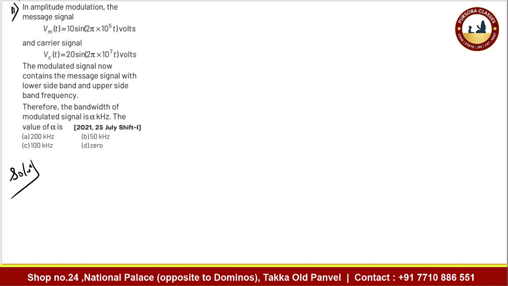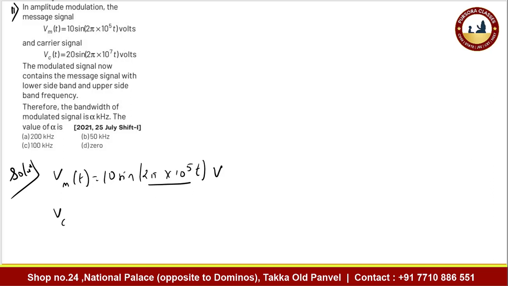Now here the modulation questions are there. So here it is given: in amplitude modulation, the message signal is given by 10 sine 2 pi into 10 raised to 5 t volts. So this whole term is omega.